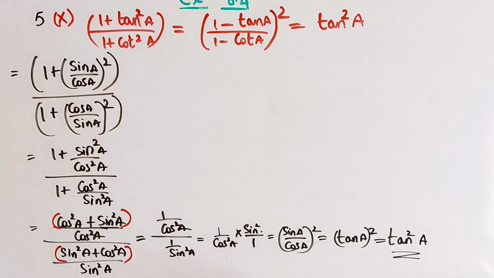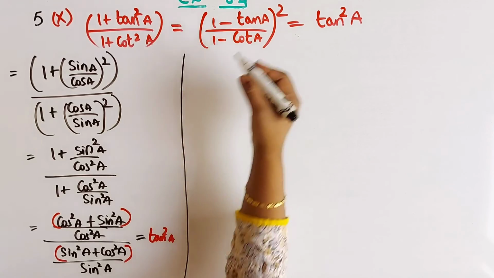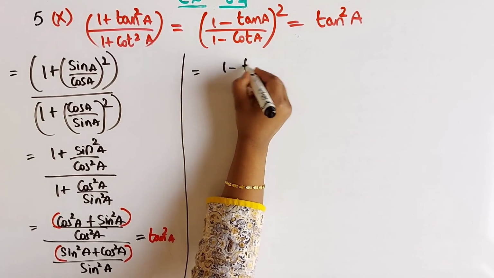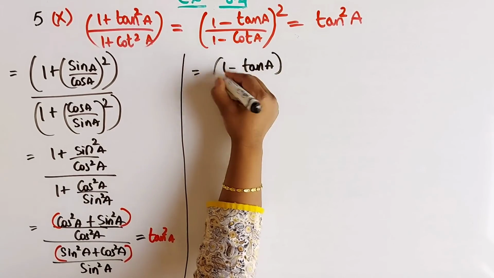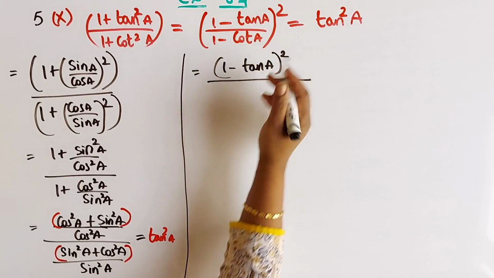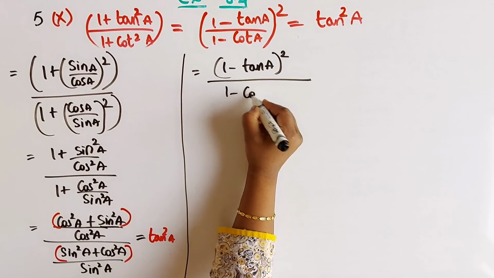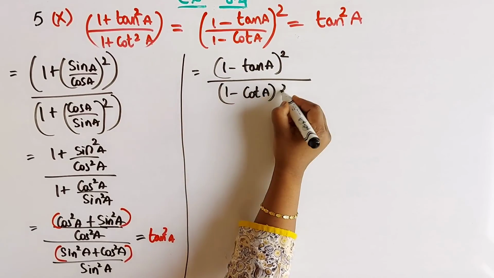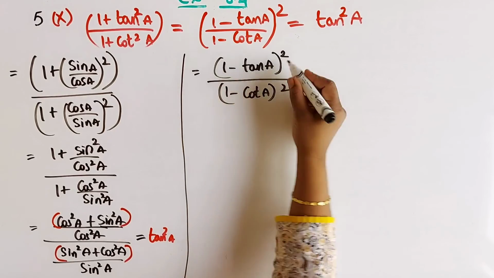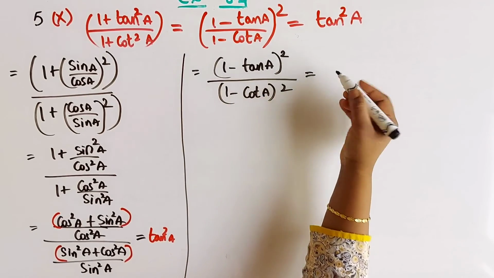Right children? Now we will solve the second part. Here 1 minus tan a whole square divided by 1 minus cot a whole square. I am just removing these brackets and distributing this square separately. Correct? Now this will be the (a minus b) whole square formula: a square plus b square minus 2ab.